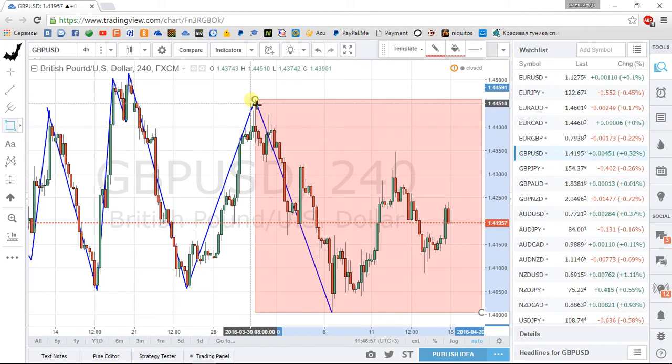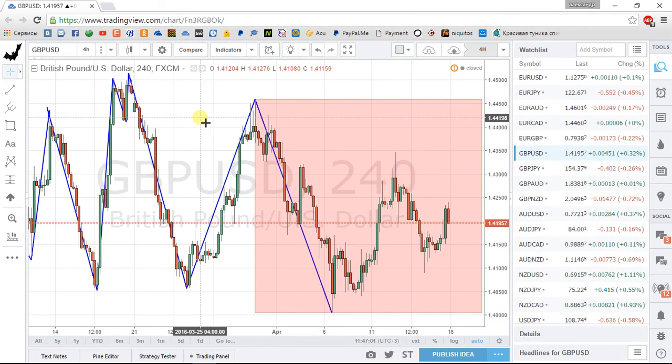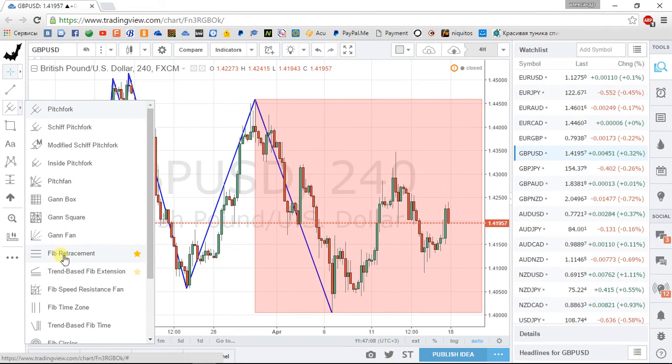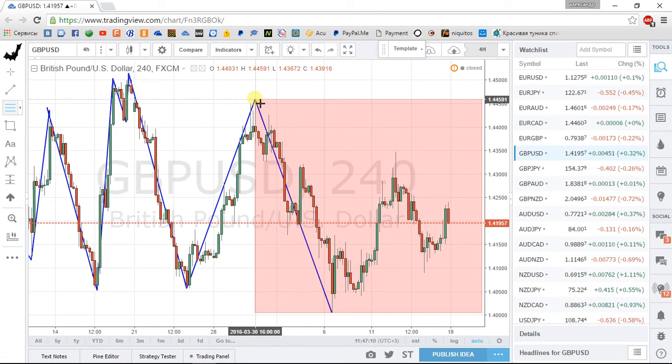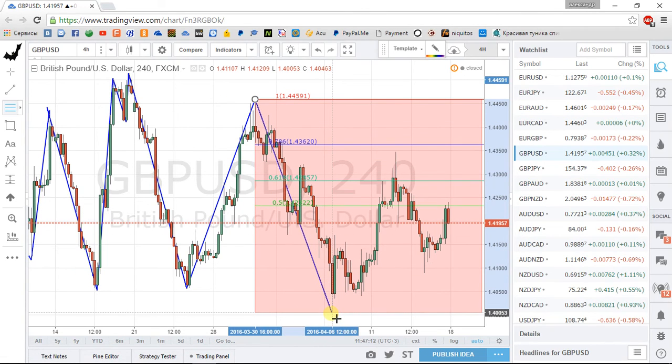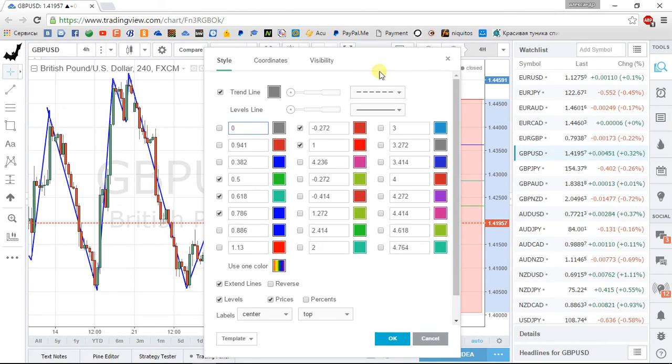So taking this second impulse is a very good idea to look for some advanced formation, and for me this advanced formation is called the Gatling. If we draw our fibs and enable only those that are needed, they are 382 and 786.